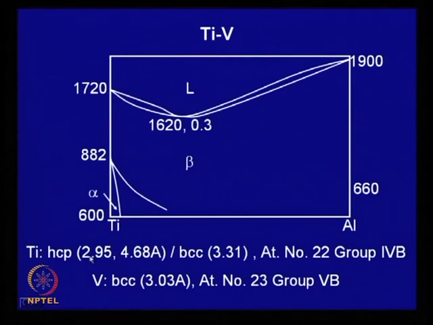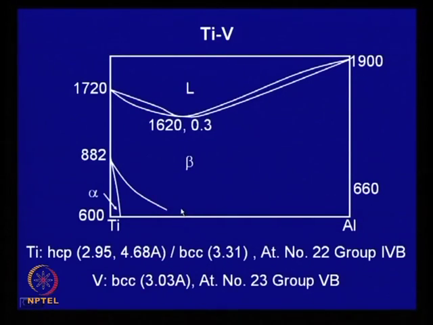And here it is correctly represented, and if you look at their crystal structure, because the crystal structure is different, it cannot have unlimited solubility at all temperatures. So, here that allotropic transformation takes place, this portion is beta, this is the terminal solid solution portion alpha. So, vanadium you can say stabilizes beta at lower temperature.